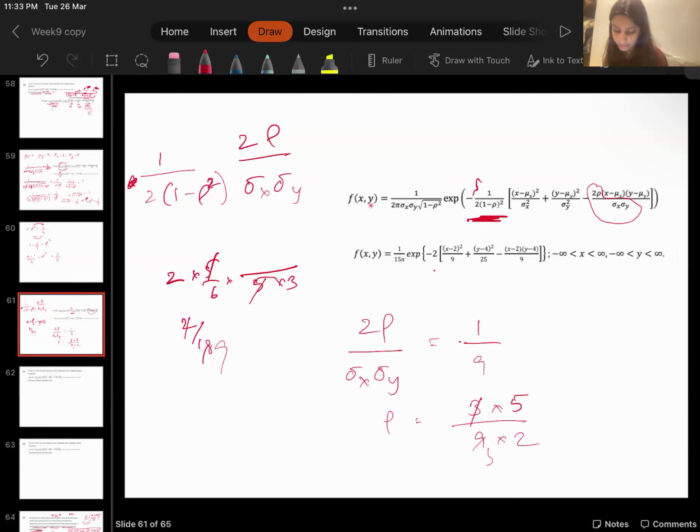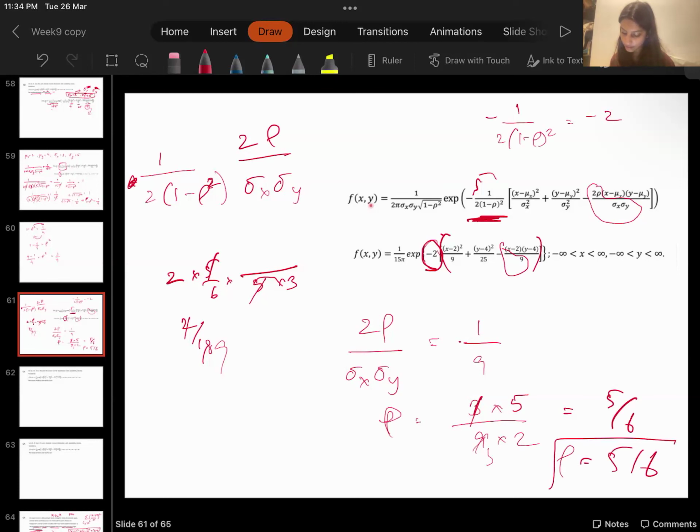This term here, we know it's 1 by 9, and you can cross calculate this. So 3 threes are 9, 5 twos are 10, and you get rho is equal to 5 by 6. This is your value for rho.